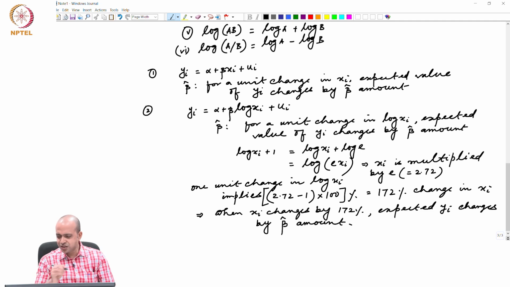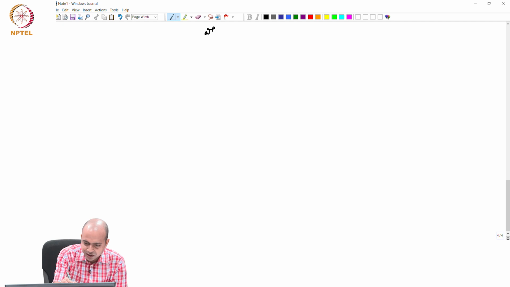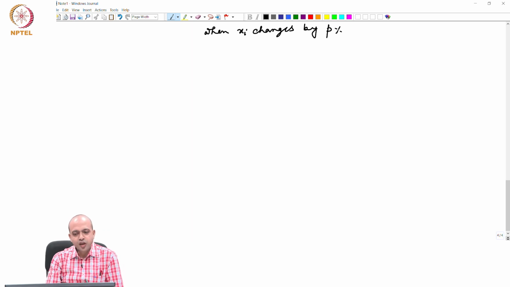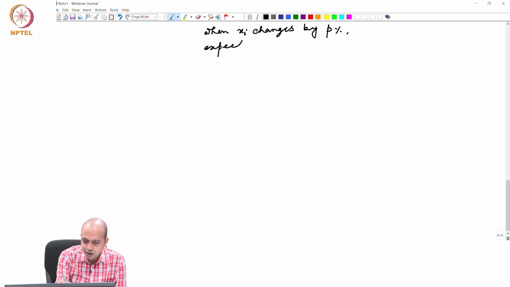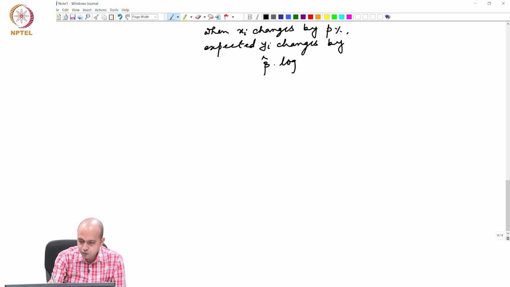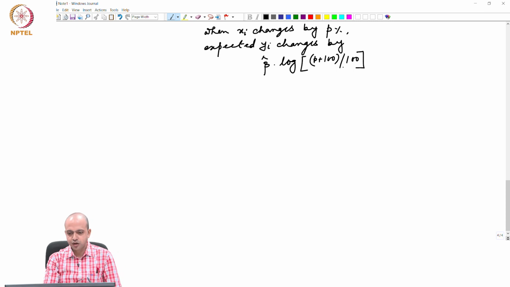Let us say when x changes by p percentage, we can use this result and say that the expected yi changes by beta hat into log of (p plus 100) by 100 percentage.